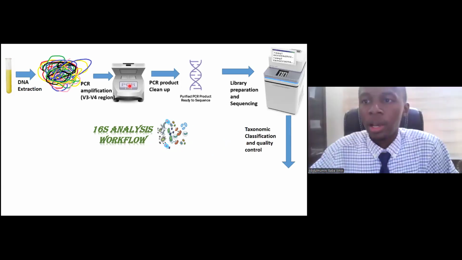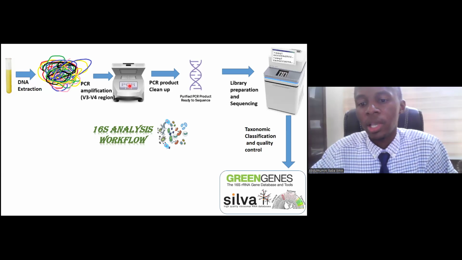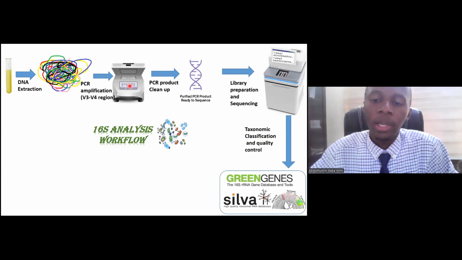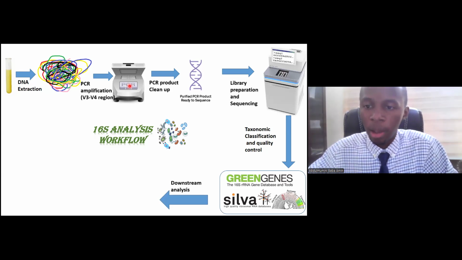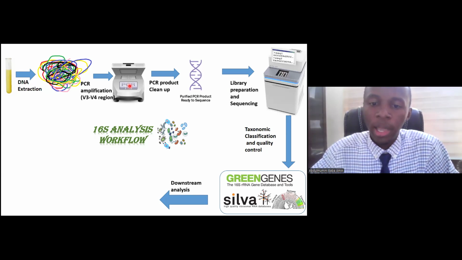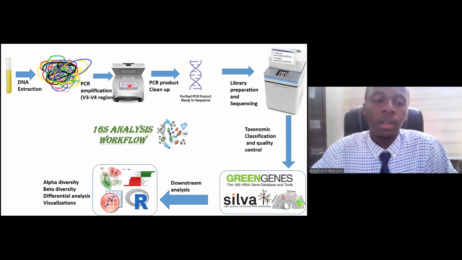After that, the sequences are obtained and compared to databases like GreenGenes and Silva to obtain the particular bacterial taxa that the sequence is matched to. Then the downstream analysis, which is what we will be doing in this session: the alpha diversity, beta diversity, differential analysis, and visualizations.